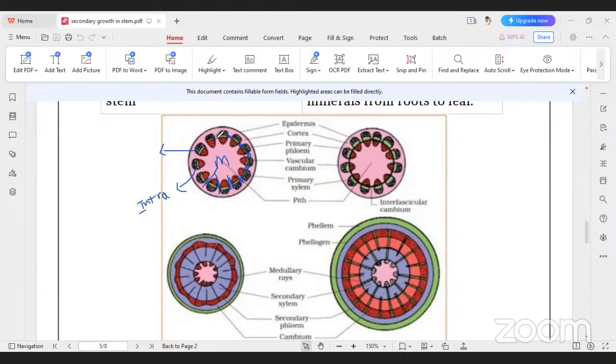Yes, sir. Right. So these medullary rays actually convert into meristematic tissue. Now this meristematic tissue between the vascular bundles is called interfascicular cambium.